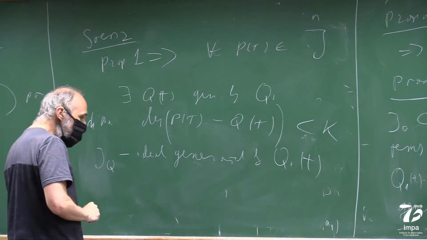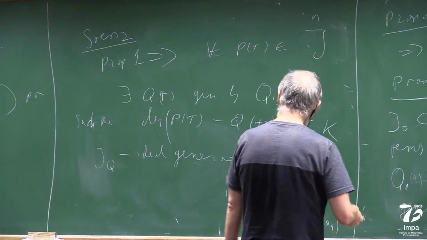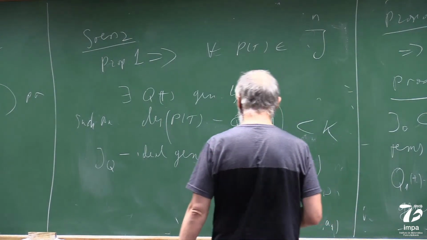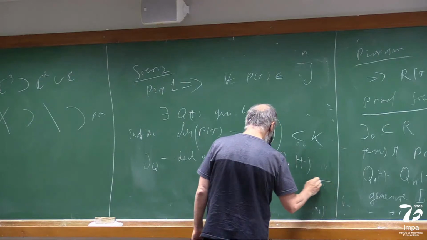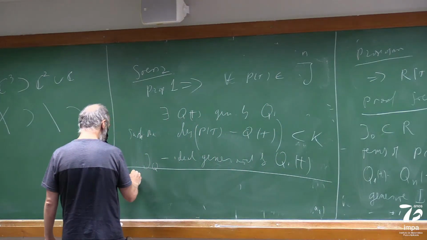Okay. So this implies the existence of the following surjective map.